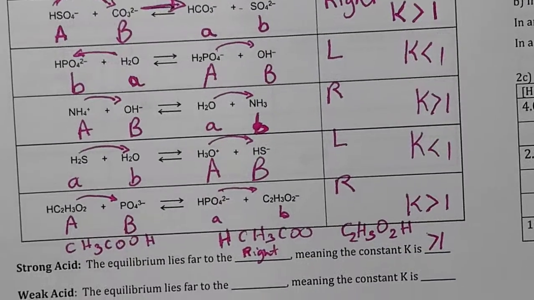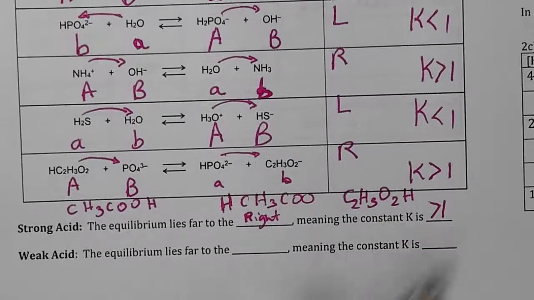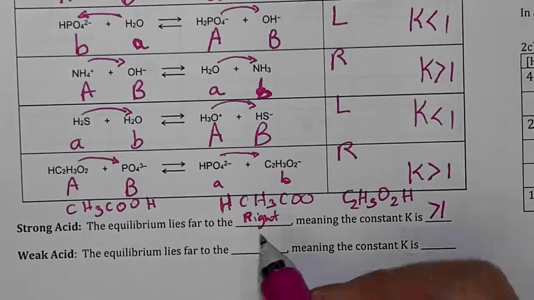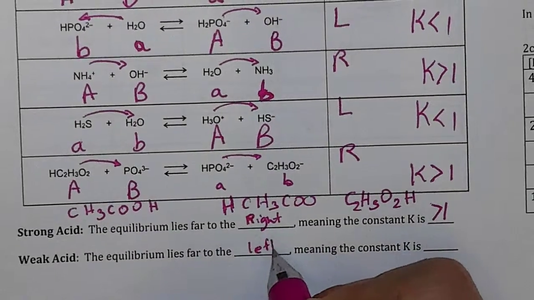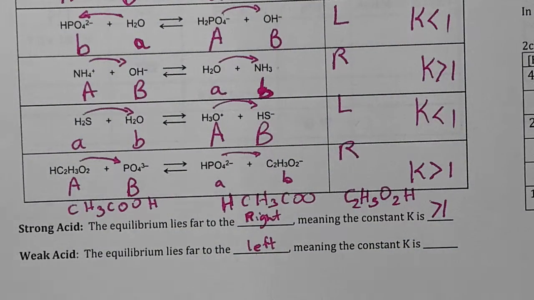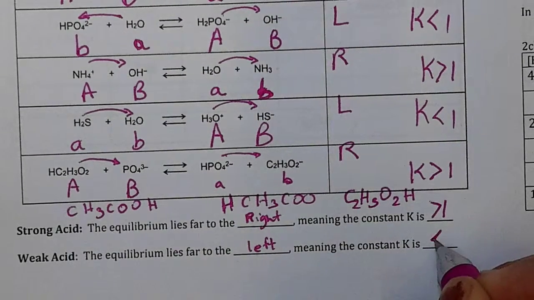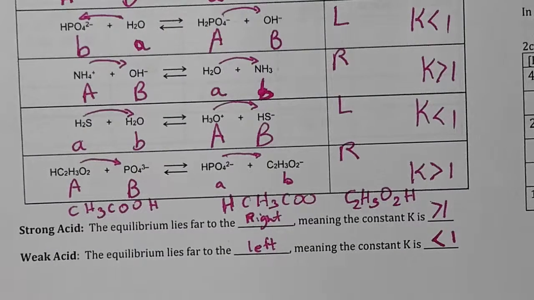But if you start with a weak acid as your reactant, then equilibrium is going to lie farther to the left side because it's still going to stay around as that weak acid, and your K is going to be less than 1. You're not going to dissociate as much, which makes sense if you think about it, right? Dissociation. Make sense?